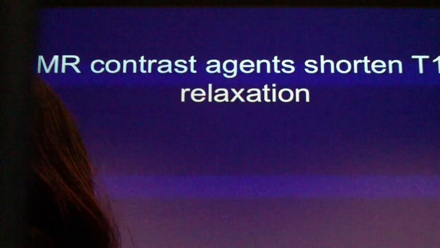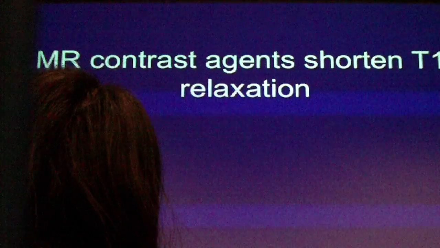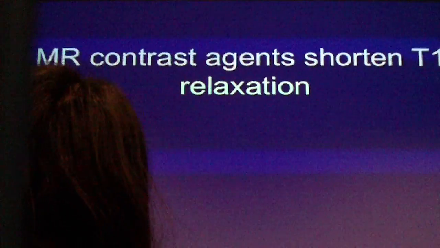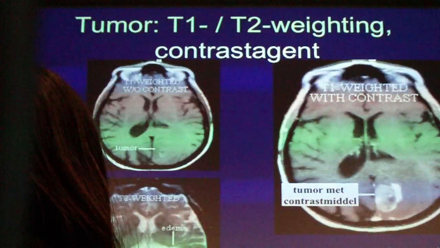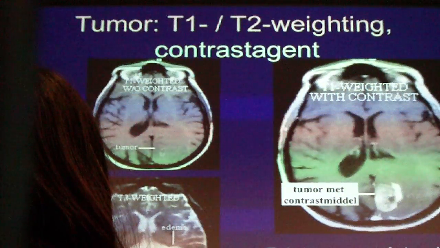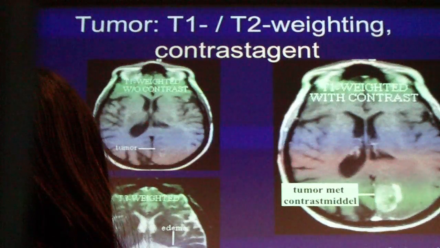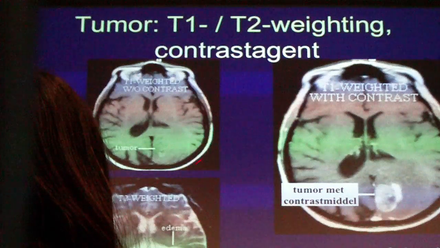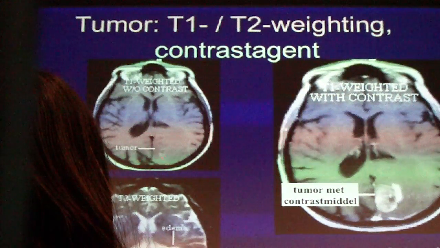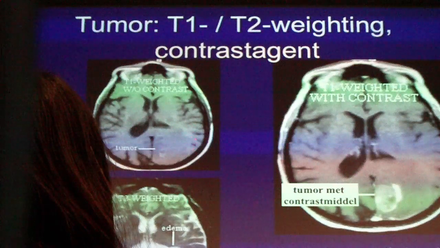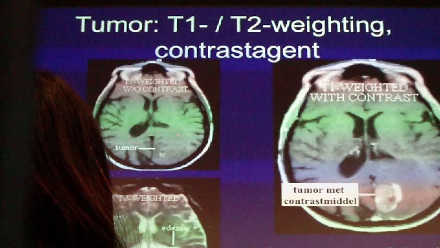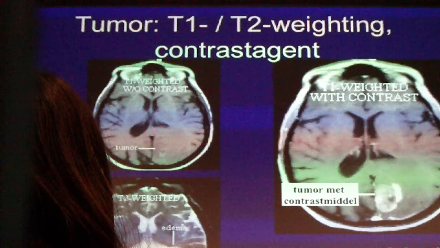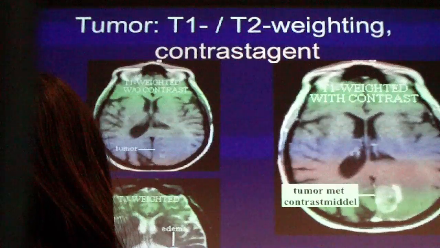You can also add contrast agents to make it even more powerful. So if you have a contrast agent that is shortening your T1 relaxation time, it can enhance the signal. So normally, this is a T1 weighted image here of a brain, and actually here is a tumor. But you see that the T1 relaxation time of this tumor and the surrounding tissue is quite similar.